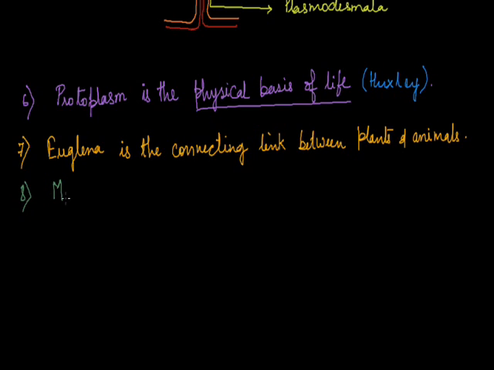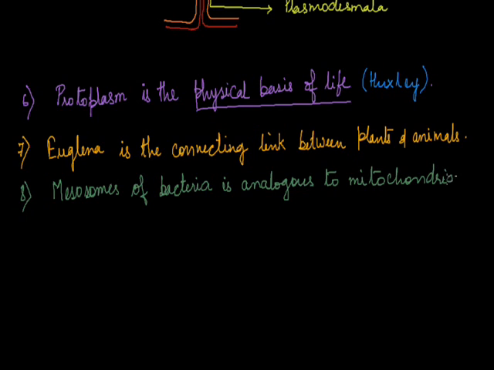So, mesosomes of bacteria are analogous, meaning similar in function, to mitochondria because mesosomes contain the respiratory enzymes, but the structure of a mesosome is entirely different from that of mitochondria.